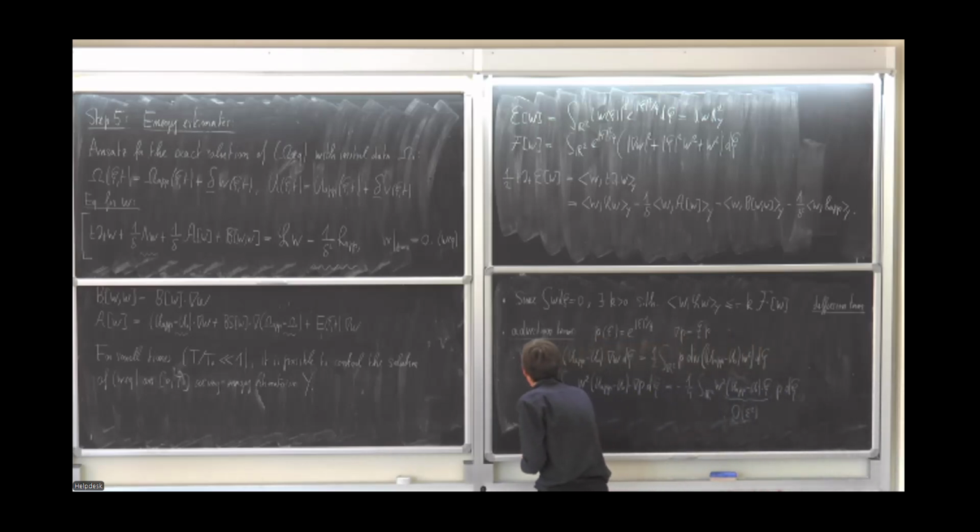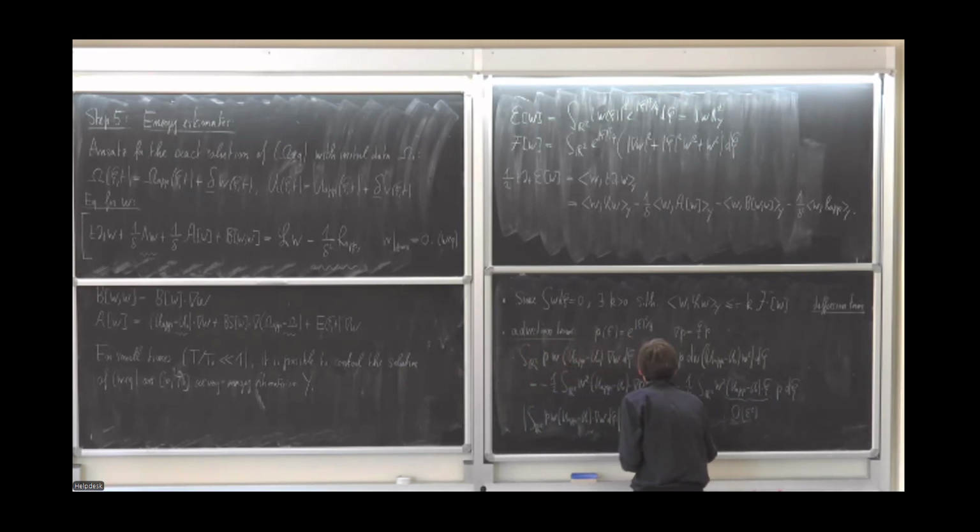So from this, we obtain that the term I have computed, this integral over R2 of P W, UR minus U0 dot gradient W psi, is less than a constant times epsilon squared times the W norm in Y squared.